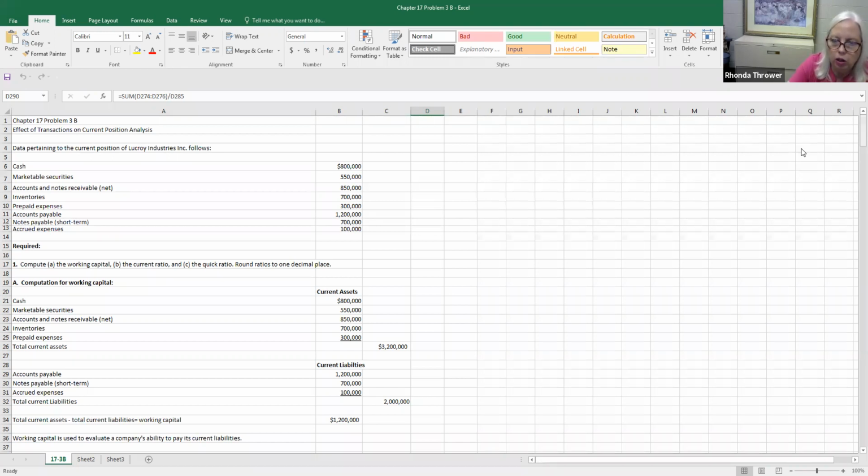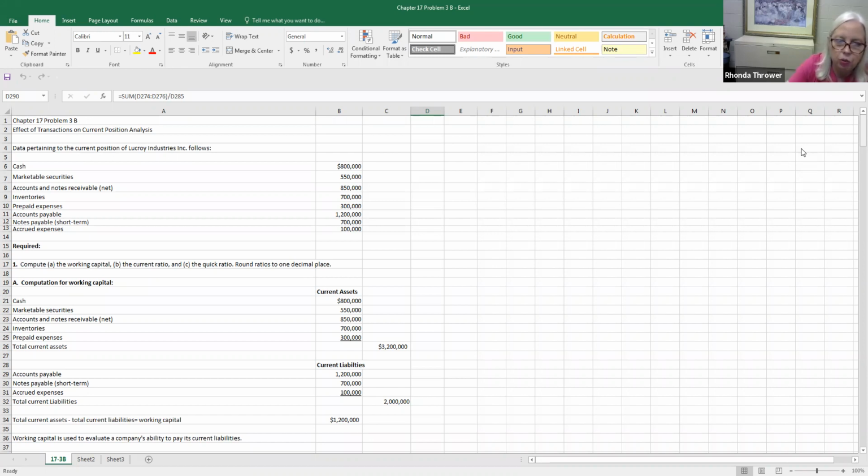And our quick ratio would be the same: quick assets, cash, accounts receivable, notes receivable, marketable securities, add those together, and then divide it by your current liabilities. It gives you a quick ratio of 1.6.